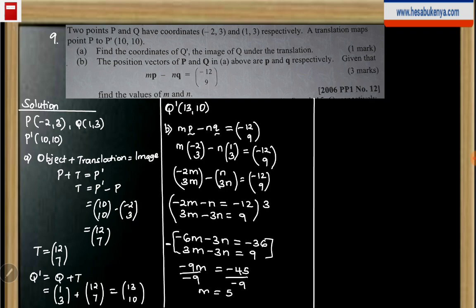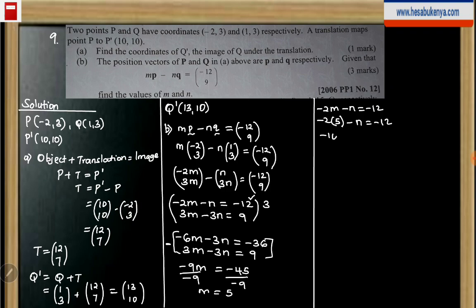Having gotten the value of M, we can find the value of N. Now using the first equation, negative 2M minus N is equal to negative 12. So the value of M is 5. So we multiply negative 2 by 5, minus N, and we get negative 12.